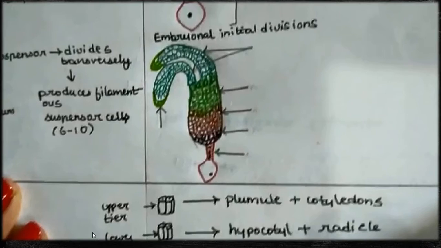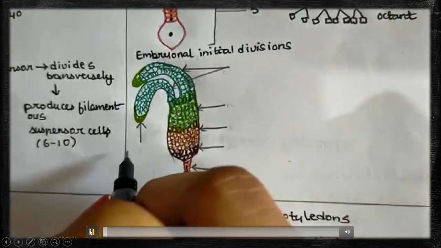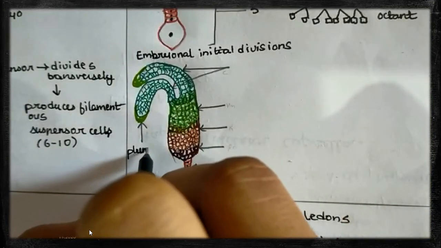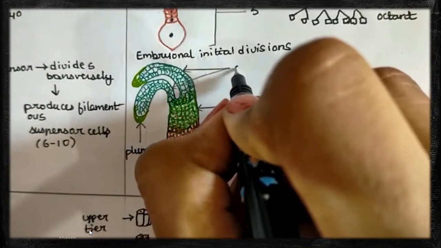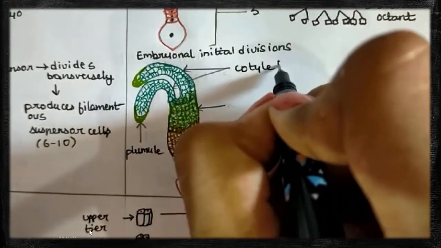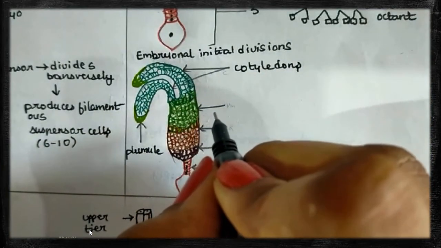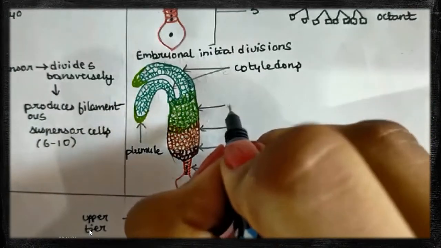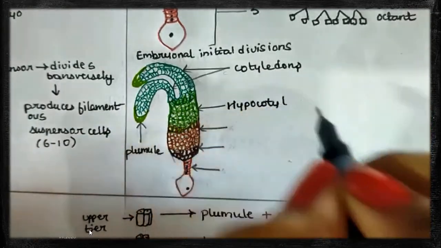So now let's talk about the further divisions which occur, which give rise to specific structures. The upper tier cells gave rise to the plumule. So it is present at the tip of the cotyledon, and the next layer of cells are the ones which form the cotyledon.